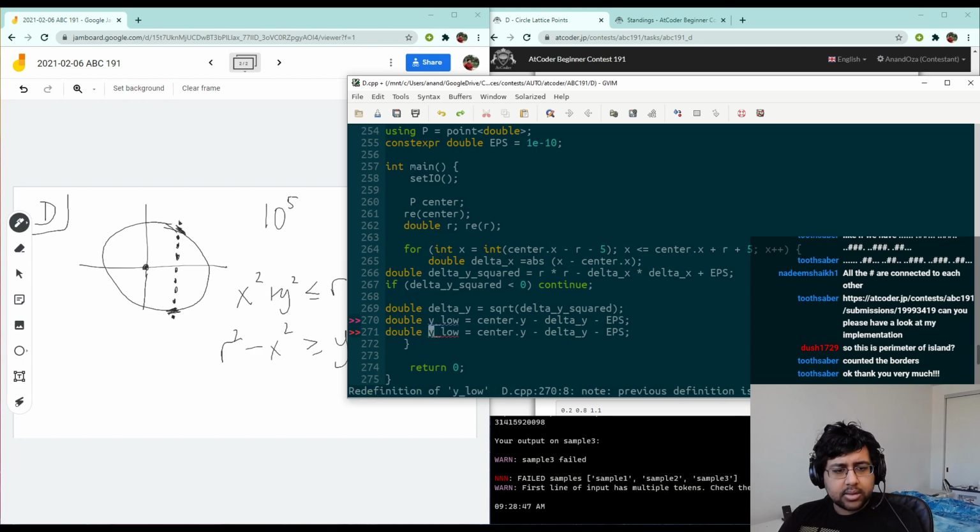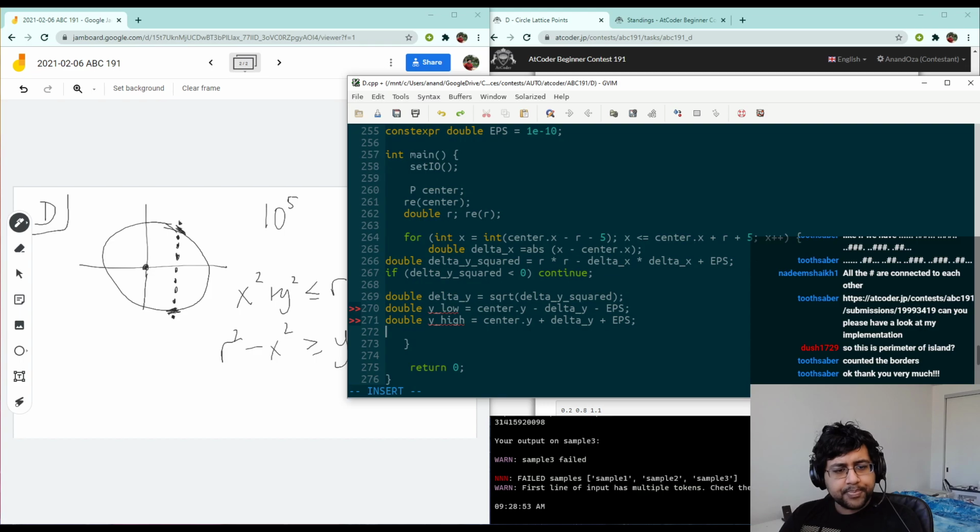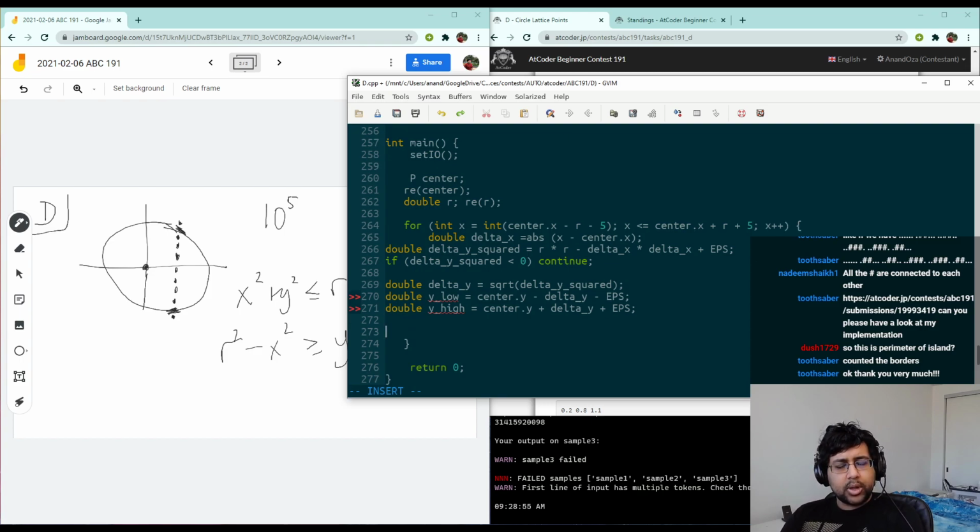And then the high value of y would be center.y plus delta y plus epsilon. And then what we would want to do after that is round up for the low value, or I guess we can round down. Basically what we want to do is round these values in a way that lets us count the stuff inside them consistently.